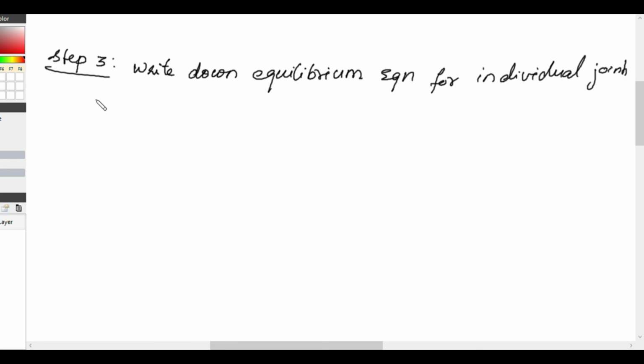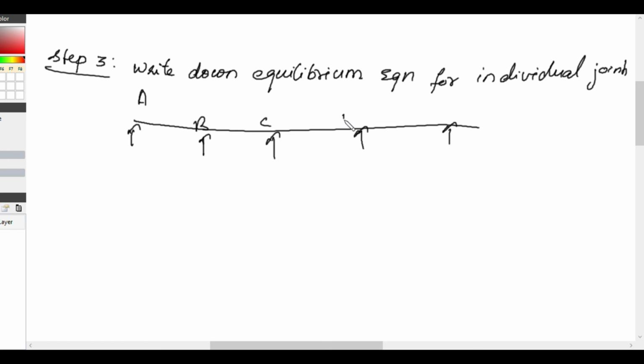See, that means when you have a continuous beam, you have many joints A, B, C, D, E, etc. So at each joint, the intermediate supports will be simple supports or roller supports. That means the total moment at these points B, C, D will be equal to 0.